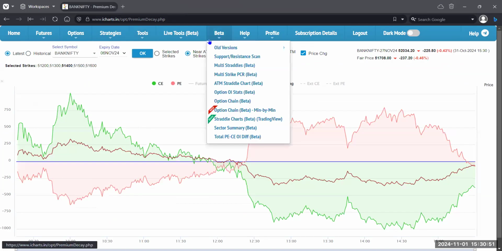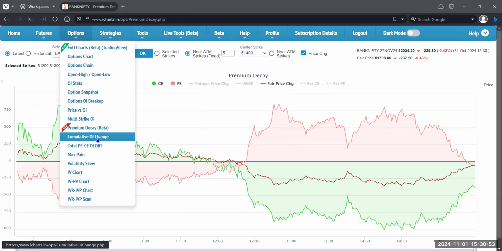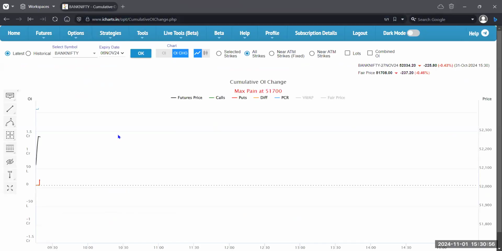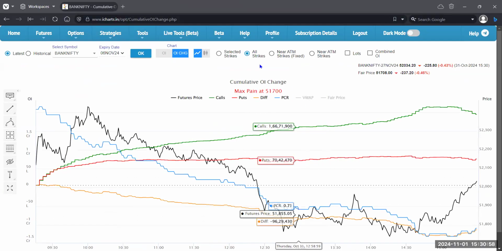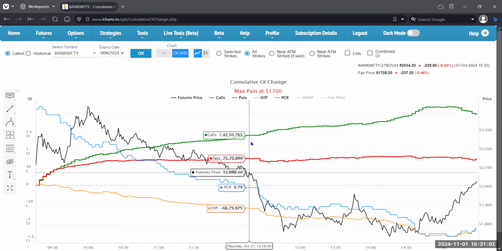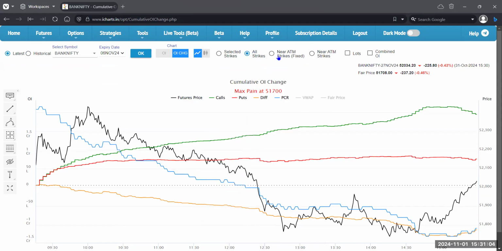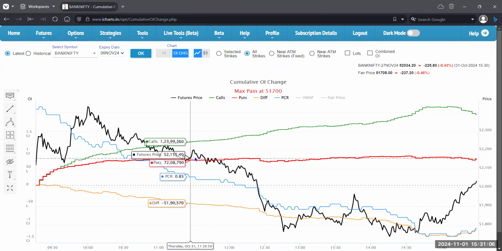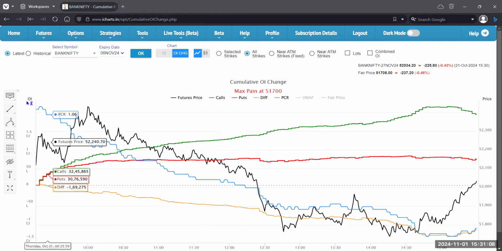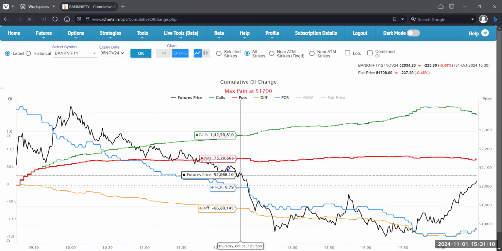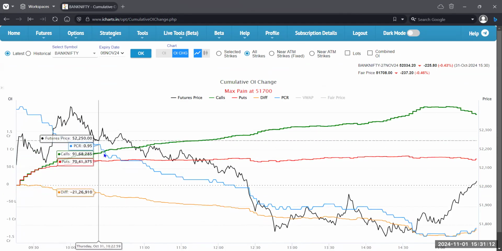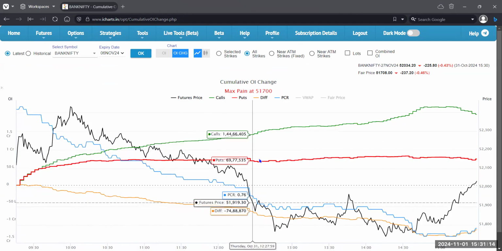What you saw in Total PE-CE OI change, we have another Cumulative OI change tool, where again you can see the OI change since morning. This also gives you all strikes, or you can go for near ATM. And this is again in a chart format, giving you the same information: total OI change in calls and total OI change in puts.